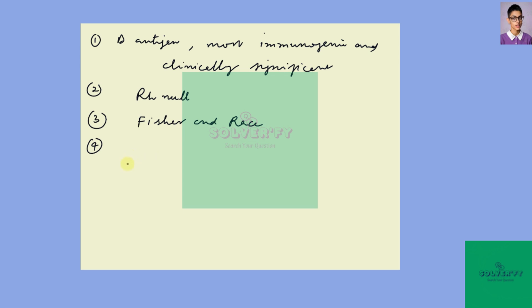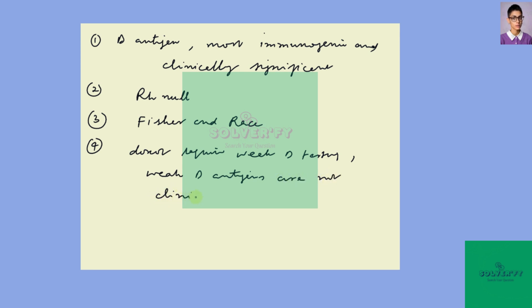Blood recipients do not require weak D retesting of their red cells because weak D antigens are not clinically significant, and they do not cause transfusion reactions in fetuses or newborn babies.